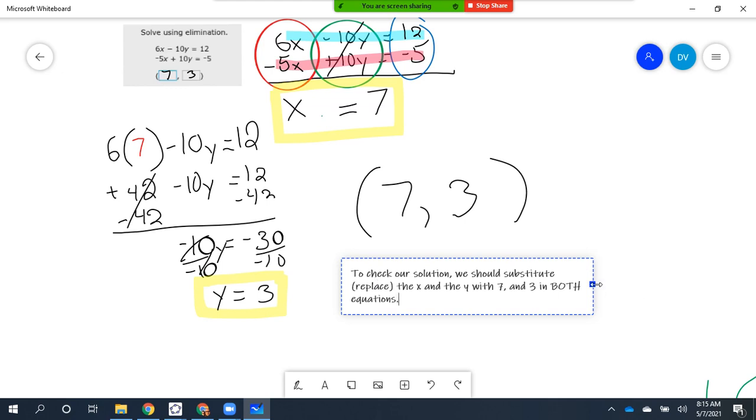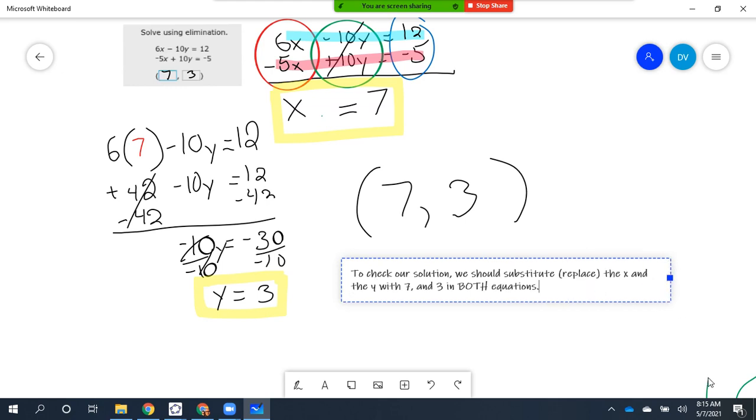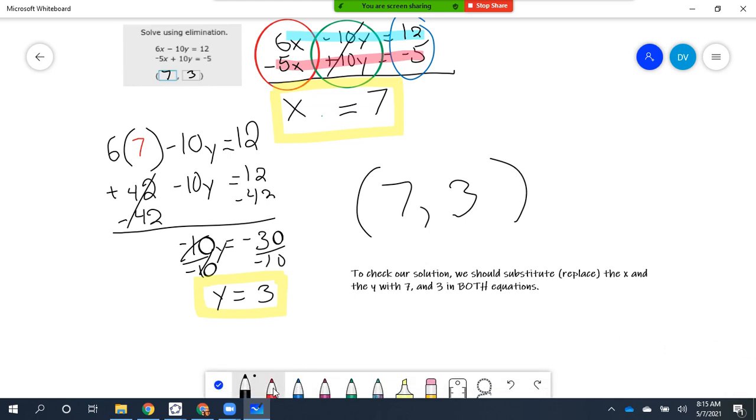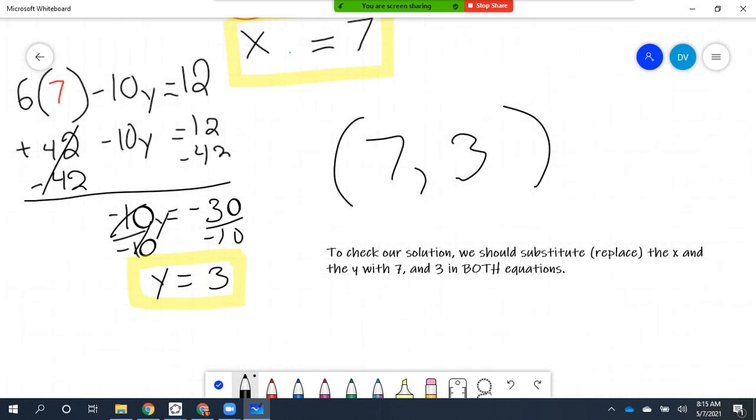All right, now let me show you how that works. Let me write both equations again. 6x, and I'm going to put my x in parentheses, minus 10y is equal to 12.